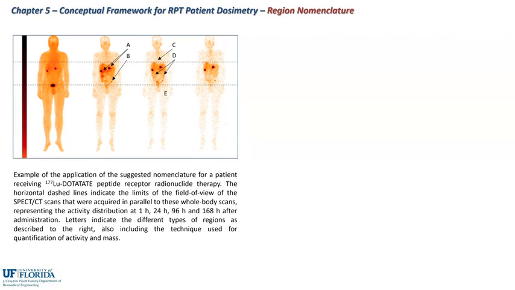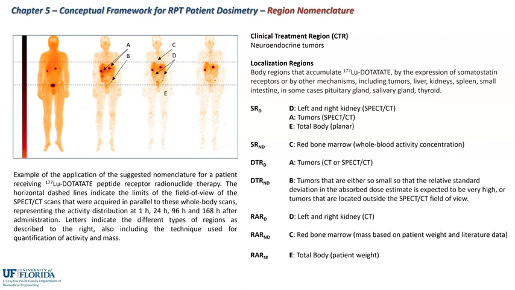Just a quick little example, if you look at lutetium-177 dotatate, we can look at this particular example. The clinical treatment region would be the neuroendocrine tumors. Localization regions would be those regions that accumulate the agent by expression of somatostatin receptors and by other mechanisms, including tumors, liver, kidney, spleen, small intestine, potentially pituitary gland, salivary gland, and thyroid.